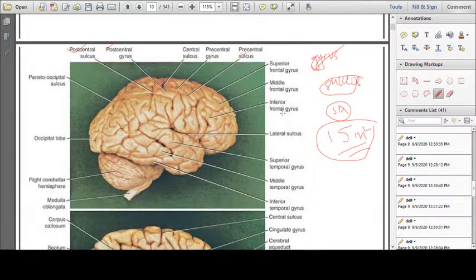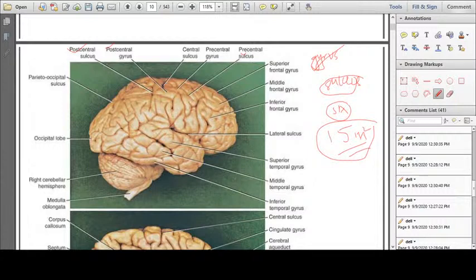The increased surface area helps accommodate more neurons in the brain as well. There is also the parieto-occipital sulcus in the posterior part, and we can see the occipital lobe in this right lateral view, with the cerebellum below it, and the medulla oblongata, which is also part of the brainstem.